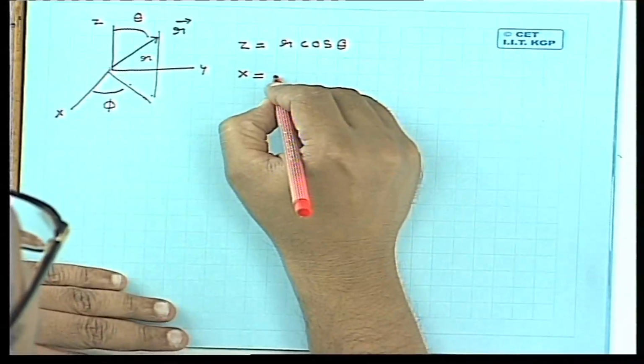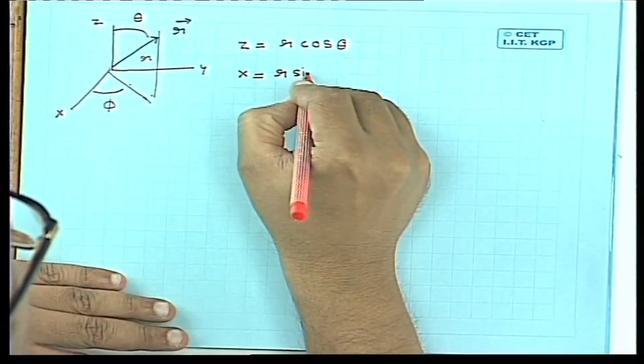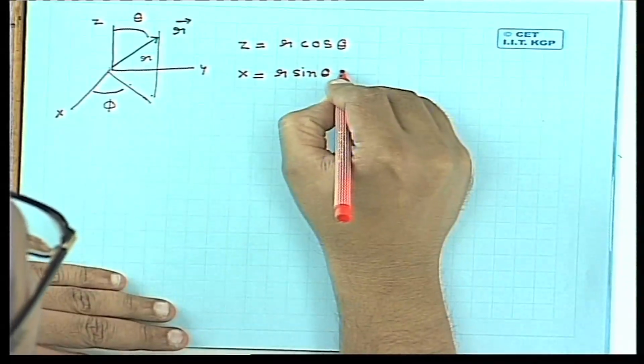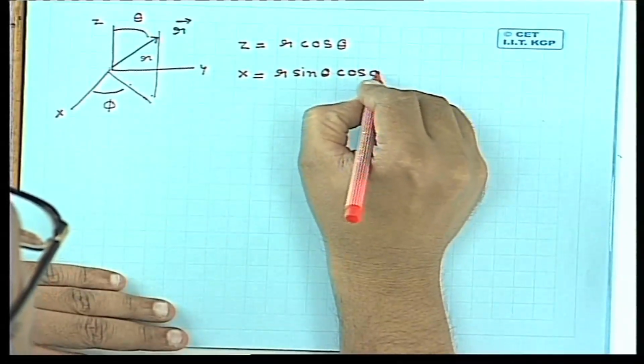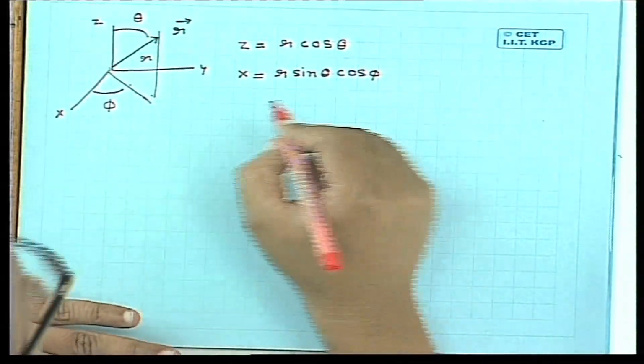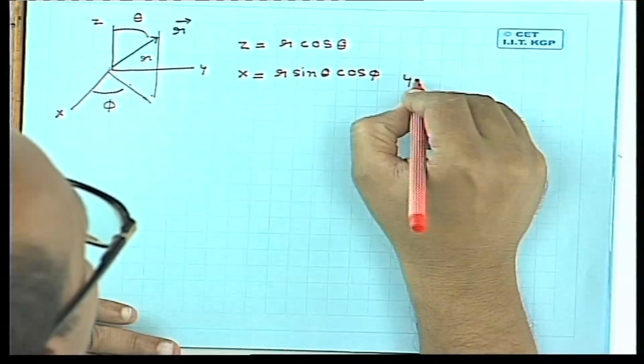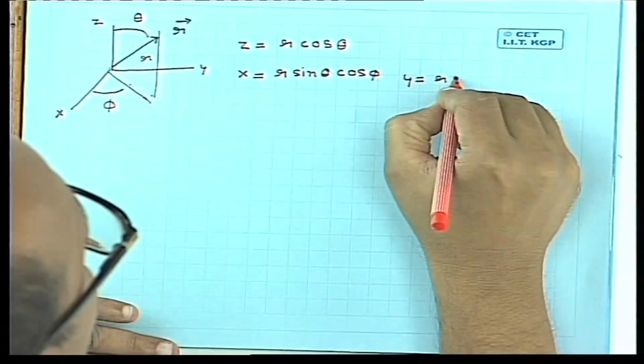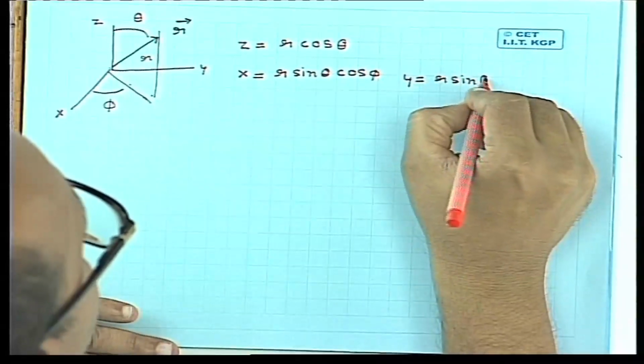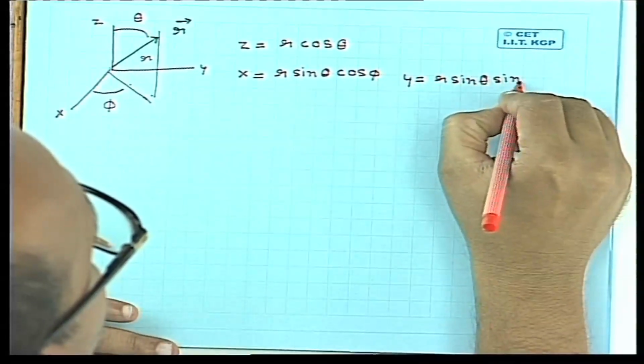So this is equal to r sine theta cos phi, and y is equal to r sine theta sine phi.